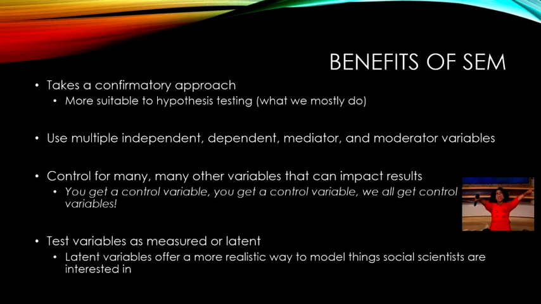There's a lot of power in being able to represent things that we cannot directly measure. That's what you're doing when you create a latent variable. And oftentimes, latent variables offer a much more realistic way to model things social scientists are interested in, because we're often interested in things that we cannot directly measure, but rather we measure things that are indicators of that. So latent variables offer a powerful way for us to measure those kinds of things.